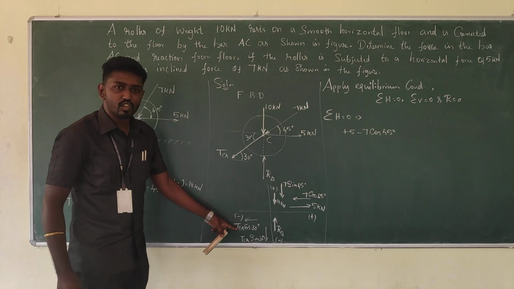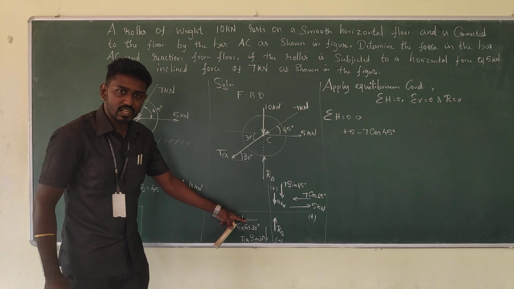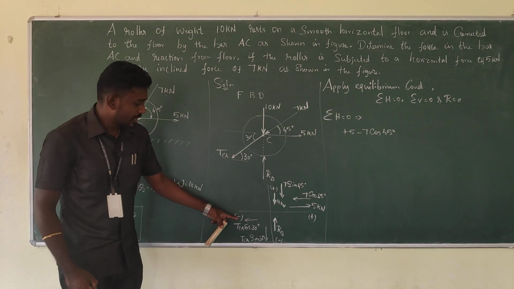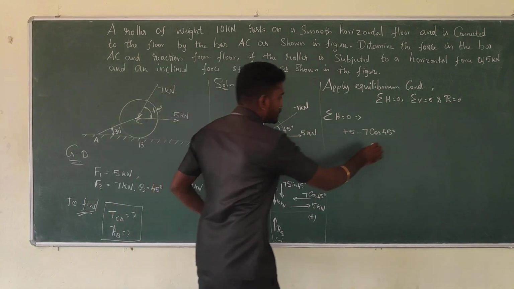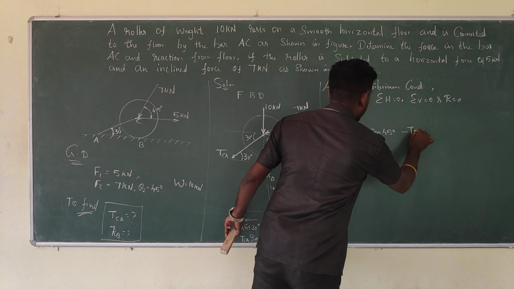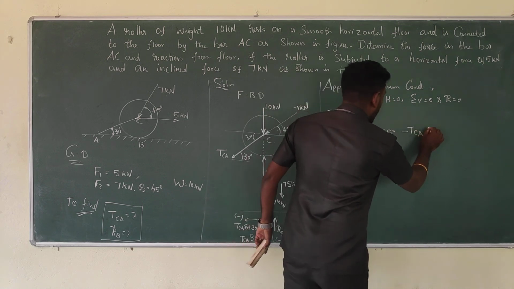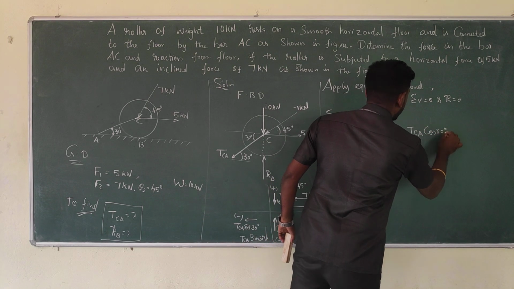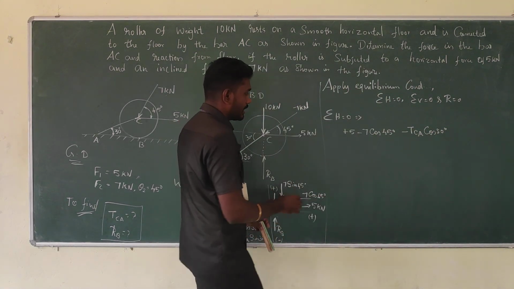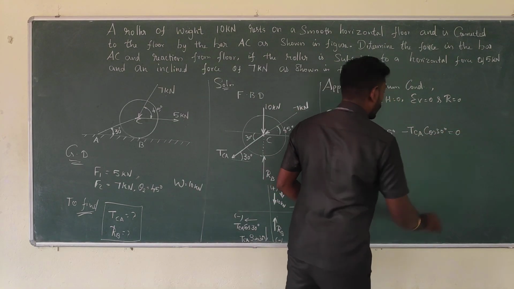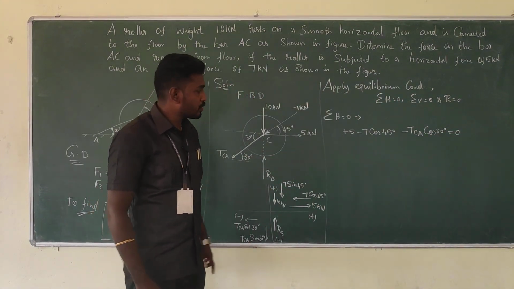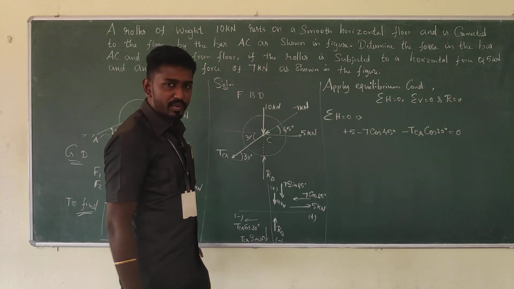Next, here we have the horizontal force which is directed towards left, so it carries a minus sign. So minus TCA cos 30 degree is equal to 0. Sum of horizontal force is equal to 0. Just try to simplify it.